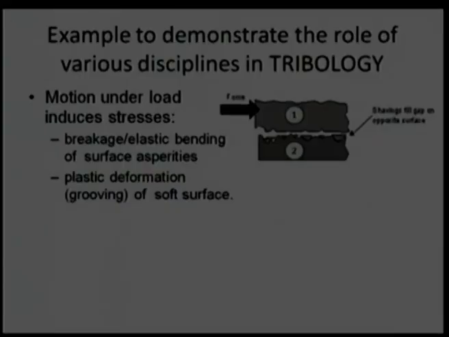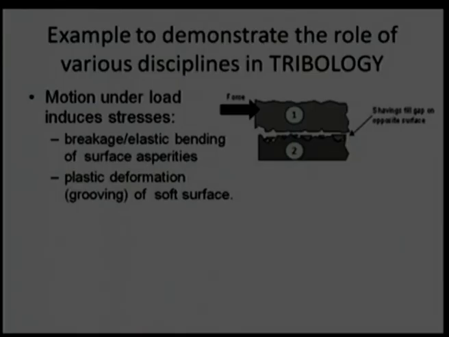We cannot tolerate too much breakage of asperities, and we cannot tolerate plastic deformation of the other surface. This will reduce the life of the component. Therefore, our emphasis will be on more and more elastic deformation, or no deformation at all, between these two surfaces.